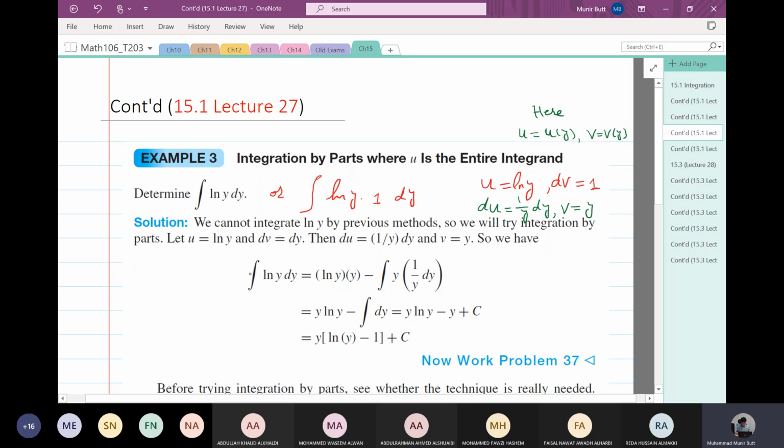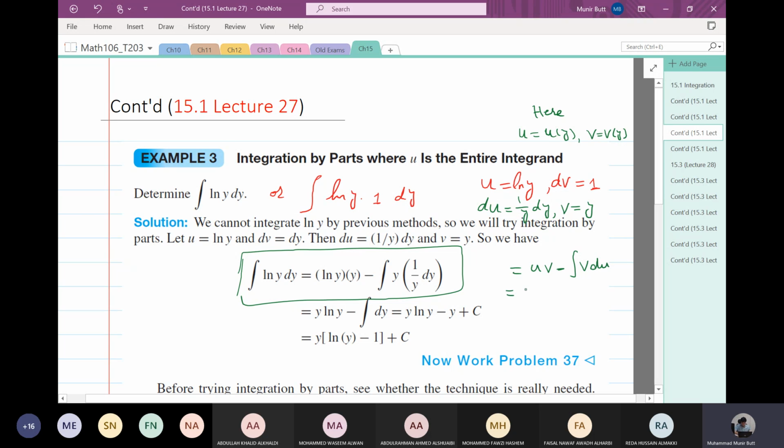Okay, so now we apply the formula. So what was the formula? Again, the integral of u dv is equal to uv minus the integral of v du.